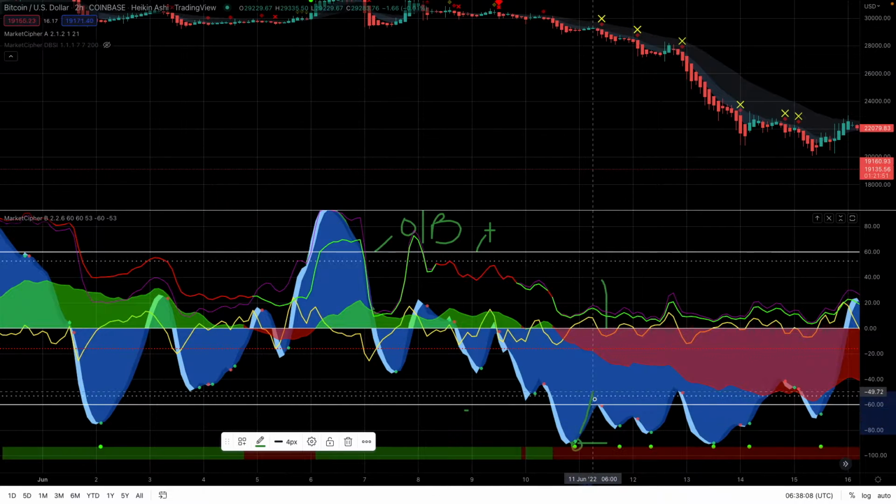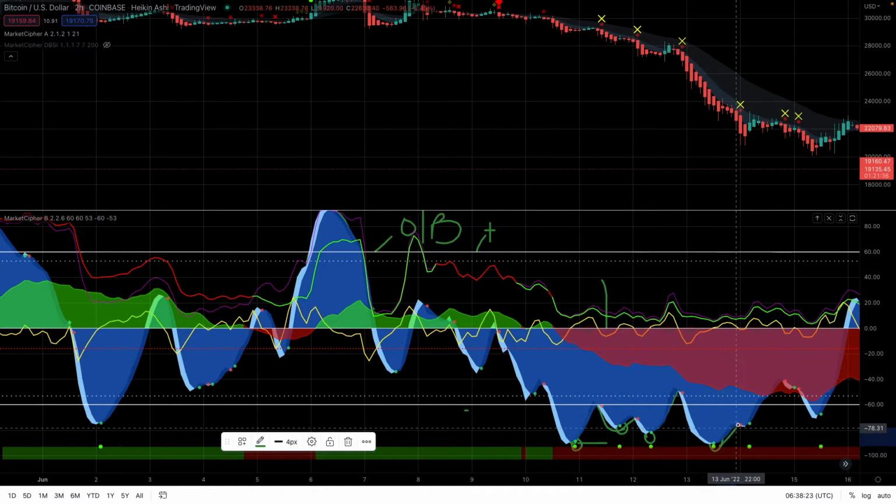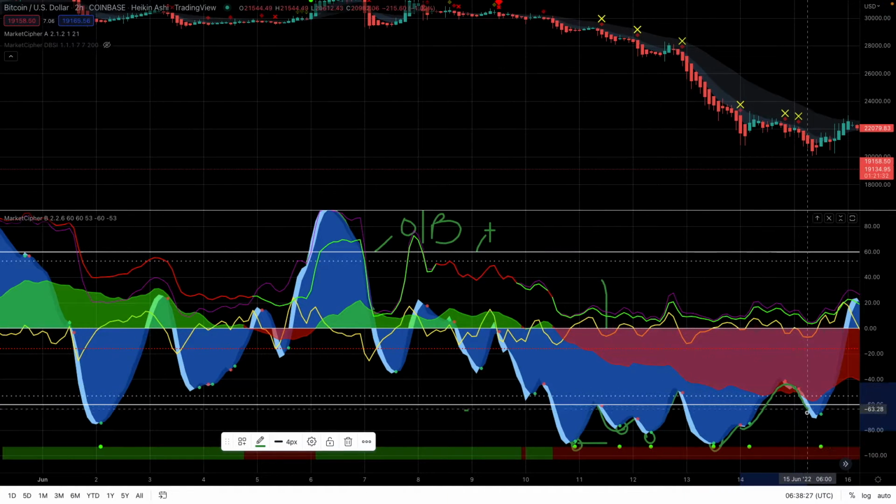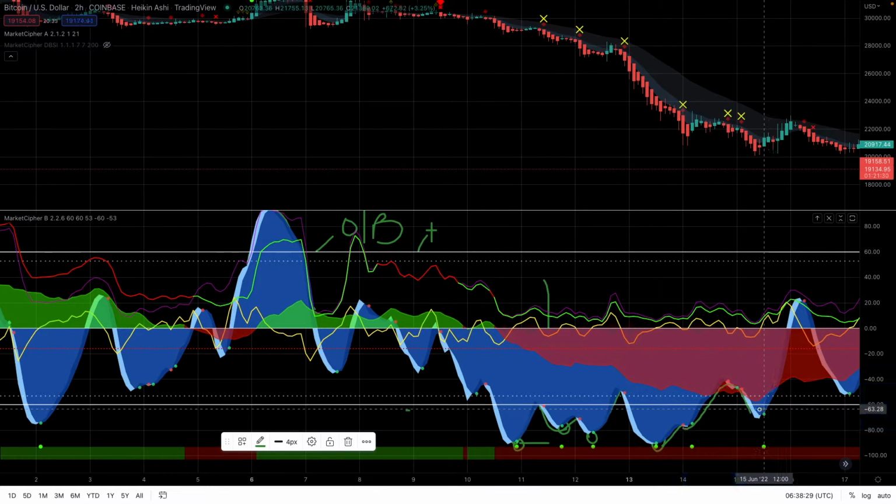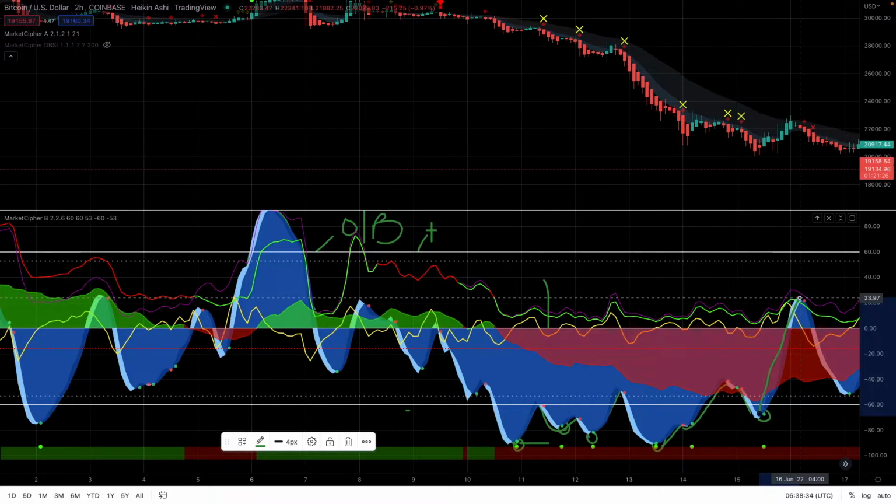We tried going up, then came down here. Again we registered another bullish sign, tried going, then came down. Registered another bullish sign, tried going up, came down a little bit, went up here, then came down. Then we tried again with another bullish sign until we were able to move up.